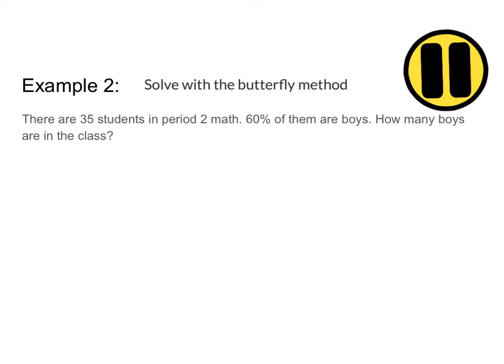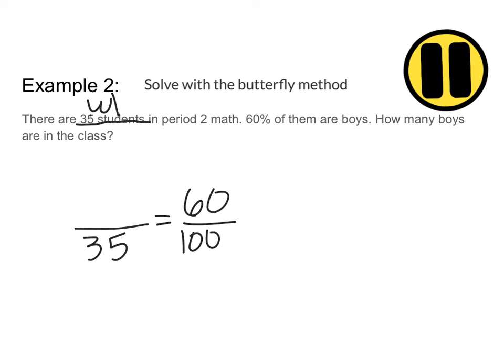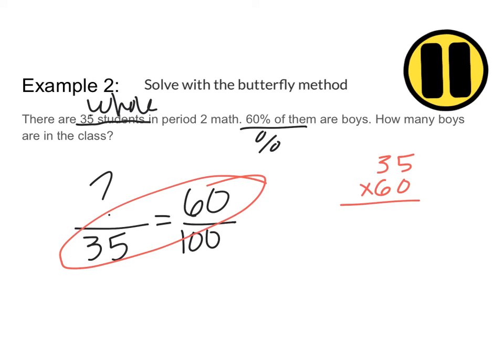All right, try another example. Also solve with the butterfly method. There are 35 students in second period. 60% of them are boys. How many boys are in the class? So first, double check you set it up right. On this one, we knew the whole and we knew the percent, but we are missing the part. So here we need to figure out 35 times 60, and I got 2,100.